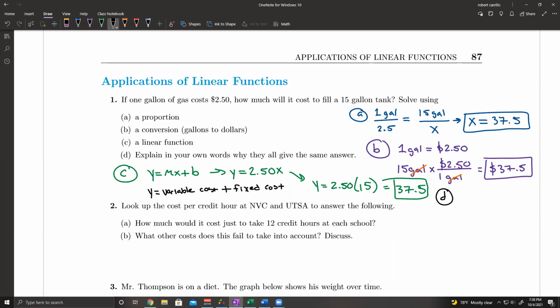So no matter how you set it up, by proportion, conversion, or linear function, we are still multiplying the cost of gas per gallon.